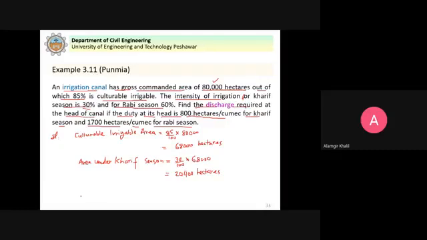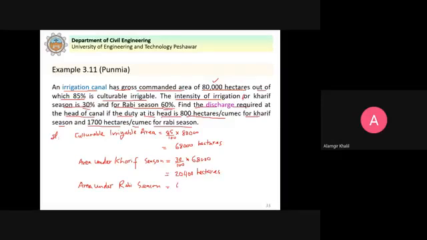Similarly, we have area under Rabi season, winter season. So that will be equal to how much? We have 60% here.